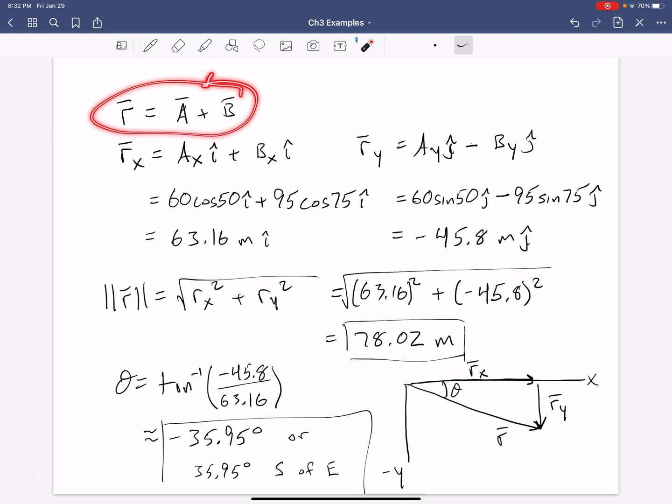Then we took this exact form and wrote it out in x and in y. Then plugged in the terms for each of those using trig, got values, and then used the Pythagorean theorem to get the magnitude, and then inverse tangent to get the angle as specified from positive x.